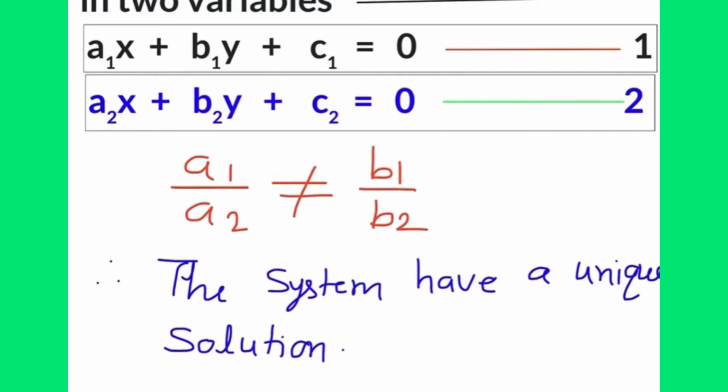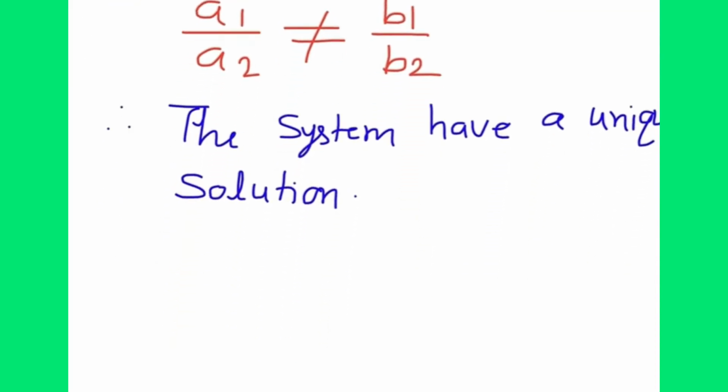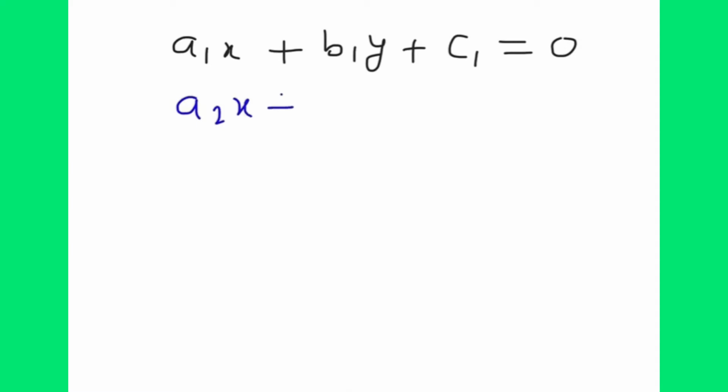But how can you solve by this method? First of all, we will try to understand the method to find the solution by cross multiplication. So dear, once again we write both equations: a1x plus b1y plus c1 equal to 0, and a2x plus b2y plus c2 equal to 0, and it is a necessary condition that the right hand side should be 0.